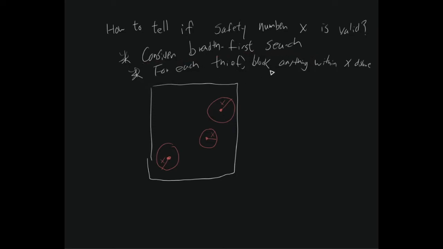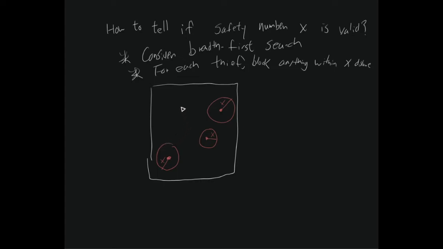For each div, we want to block anything that is within x distance, because if your path reaches any of the cells that is within x distance of the div, it means the div can reach your path within x steps. That's why we want to do it the other way around. We want to block everything that is within x steps from the div.